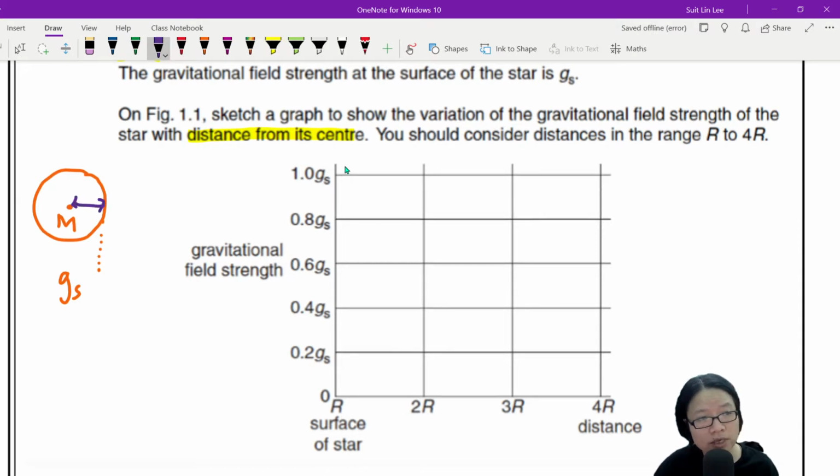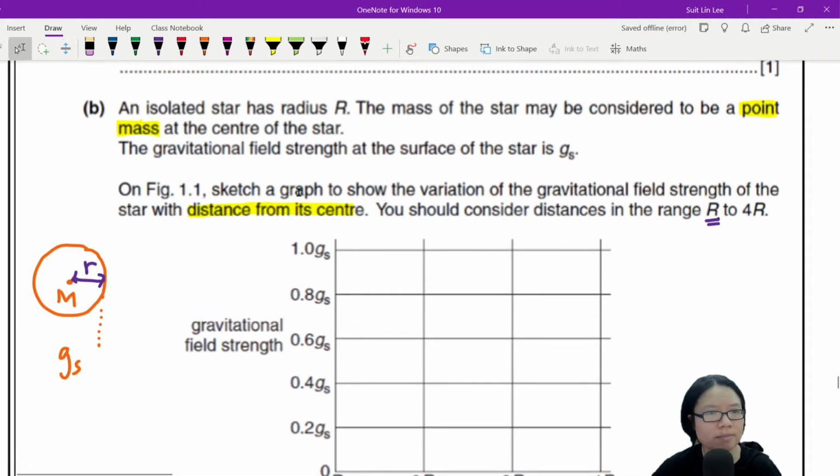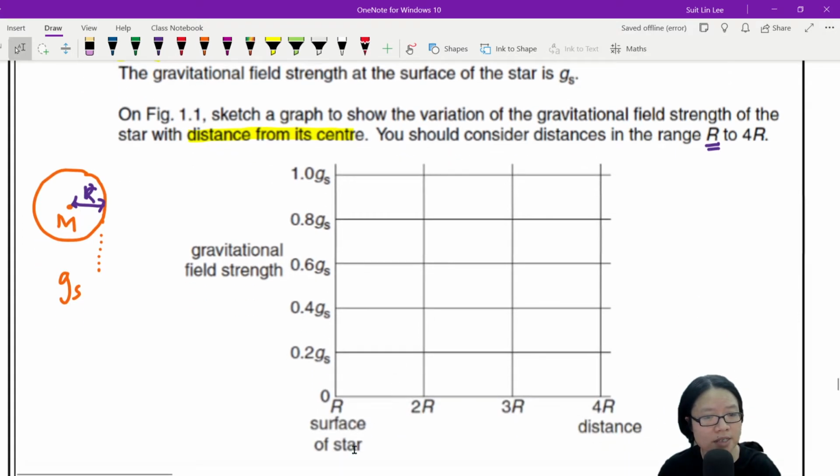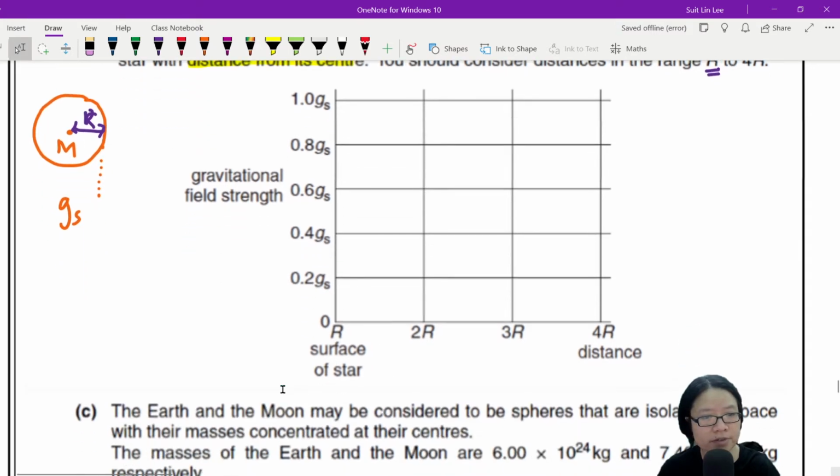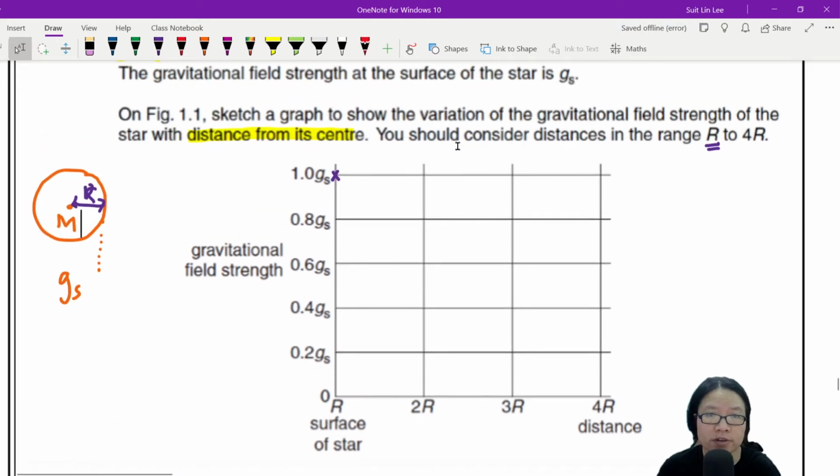So here to here is R, capital R, as it says in the question. When the distance is R on the surface of the star, the value is GS. Then you should consider distances from R to 4R.